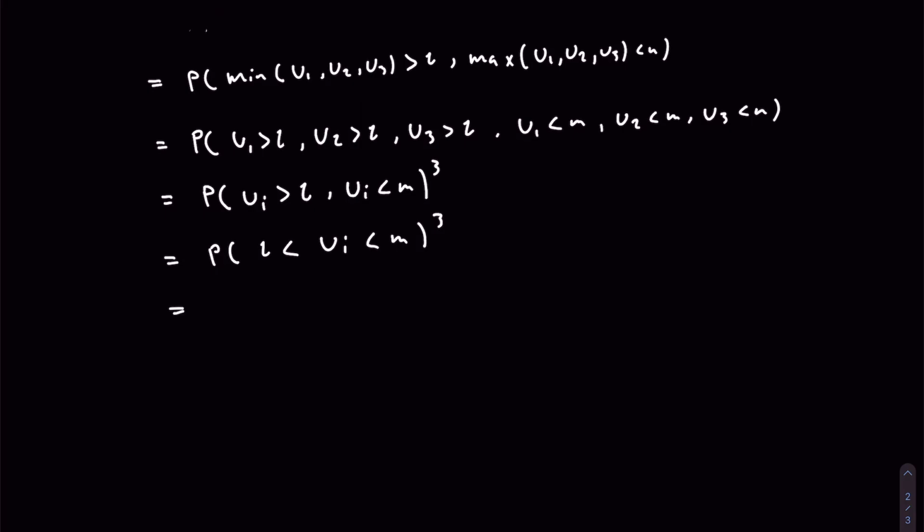What we're saying here is that if we look at the region of the CDF, M is sitting here and L is sitting there, then we're also saying that the probability of falling into this region, because it's uniform, is the same as M minus L to be in this region here.